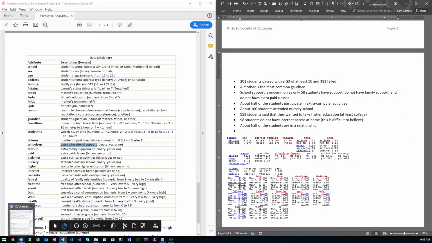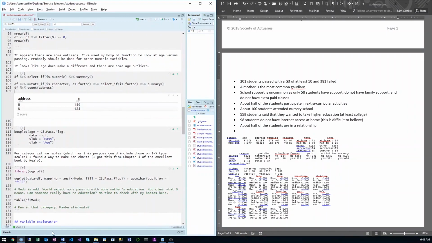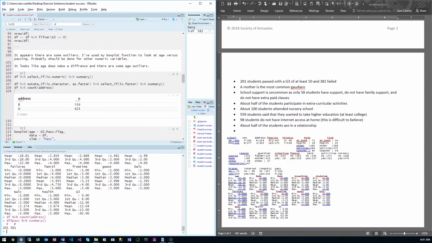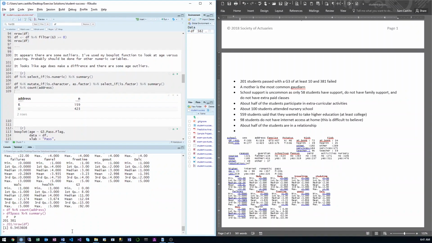That seems very high. Let's check. Yeah, that's what it says. So that's a pass rate of only 35%.